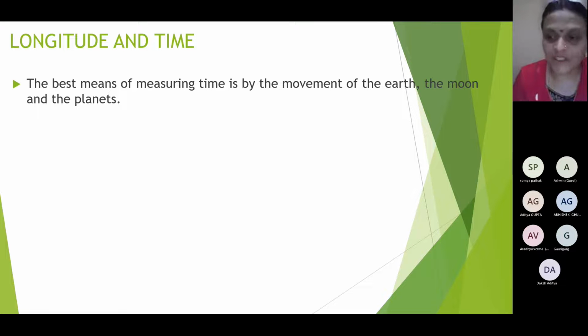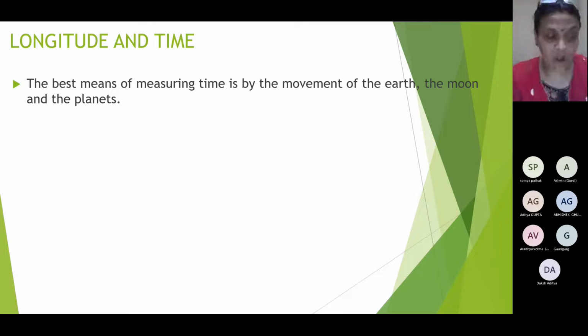Longitude and time. See, all the places on Earth have a different time zone. In India itself, there is a difference of about 2.5 hours from north to south, but it is actually not so. From olden days, how did we have watches in the past?